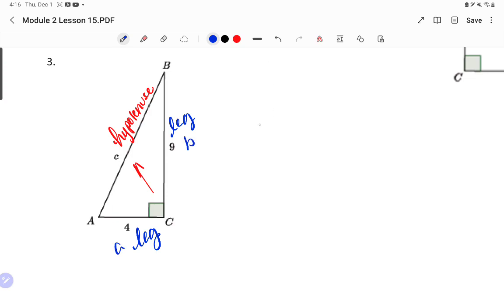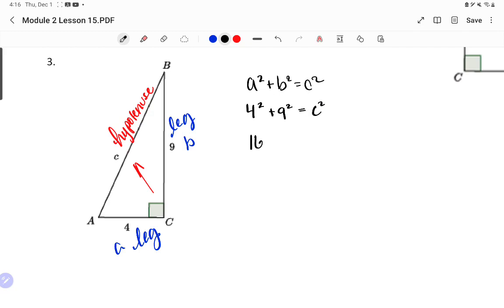So we know that the Pythagorean theorem is a squared plus b squared equals c squared. Drill that into your head. It's not going away. So we know that leg A is 4, and we have to attach that little square onto it. We know that leg B is 9, and we have to attach that little square onto it. And we still don't know what c squared is.